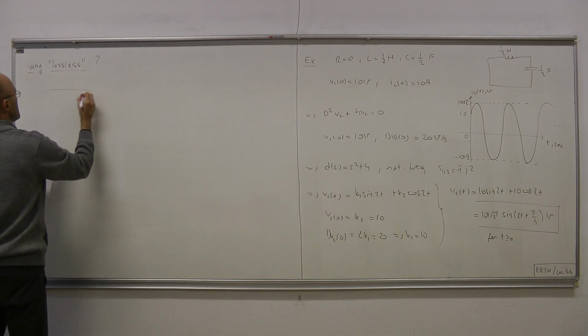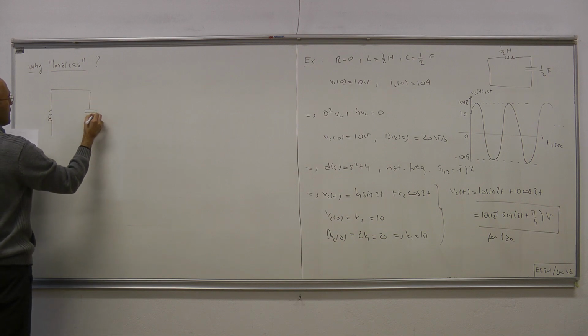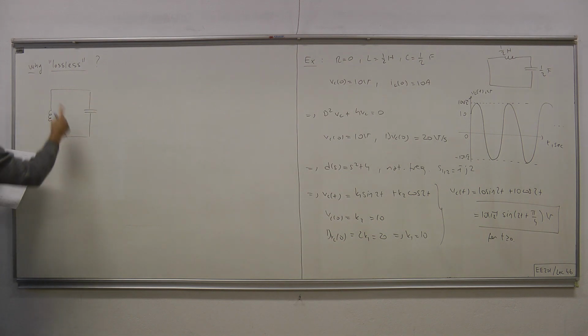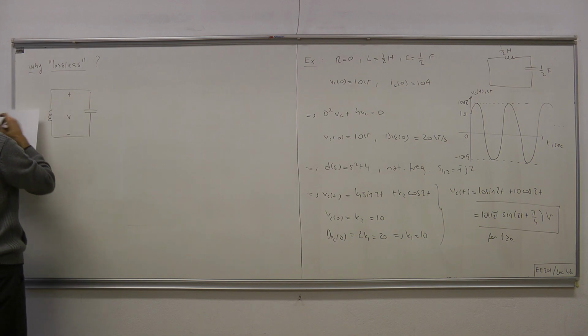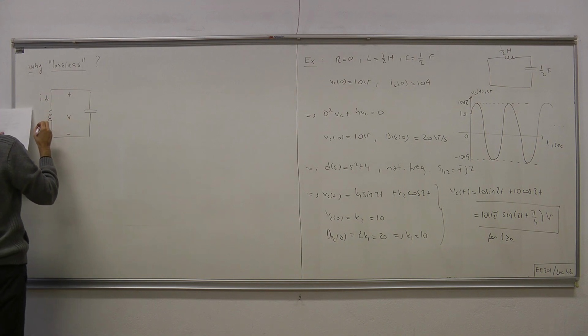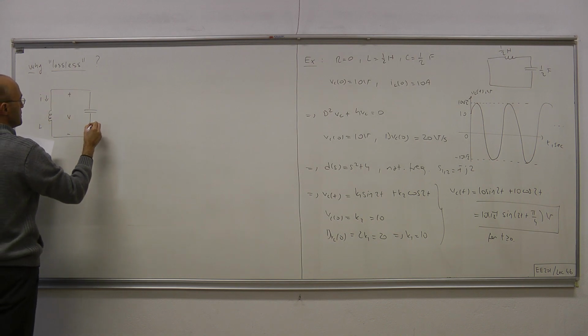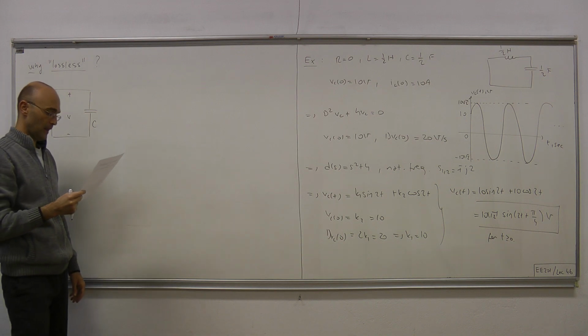So this is the situation. We have an inductor and a capacitor connected in series or parallel, depending on how you look at it. Let's call this voltage V. Let's call this current I. This is L. This is C. V is capacitor voltage and I is the inductor current.